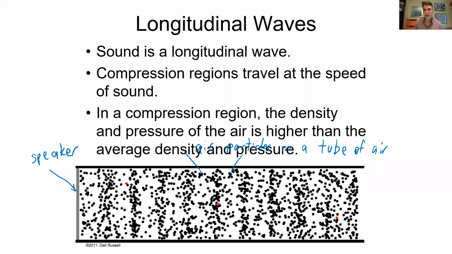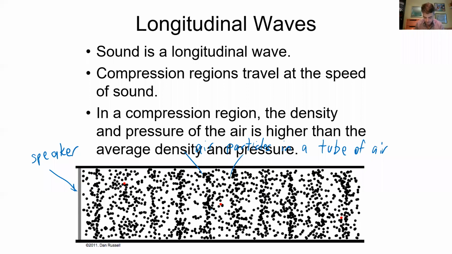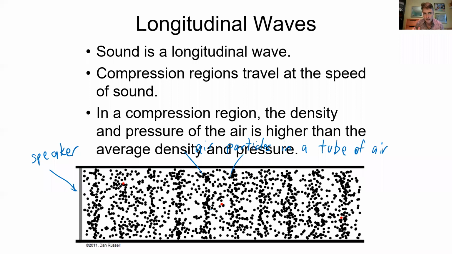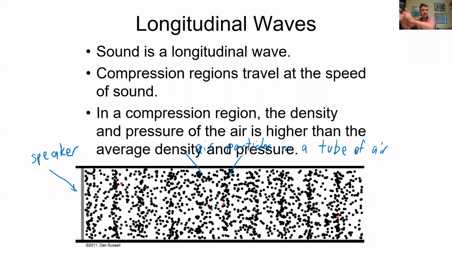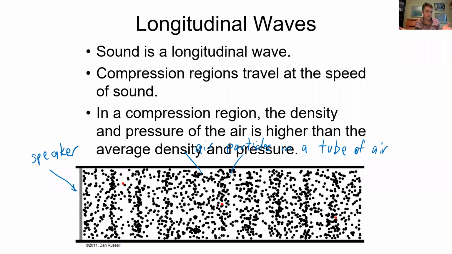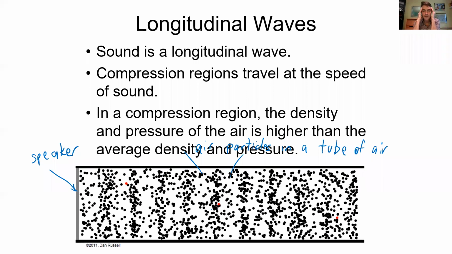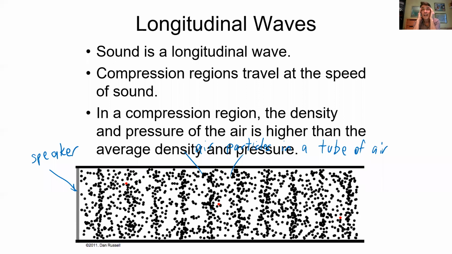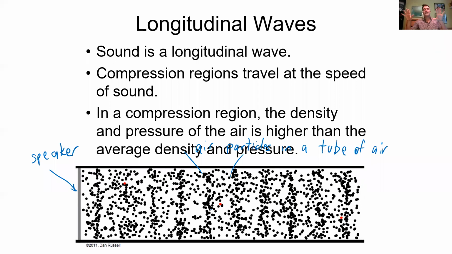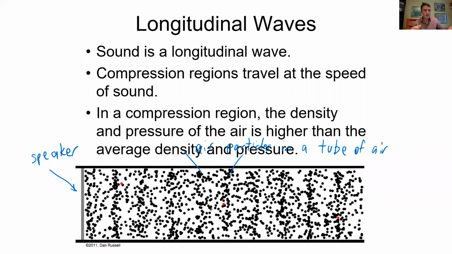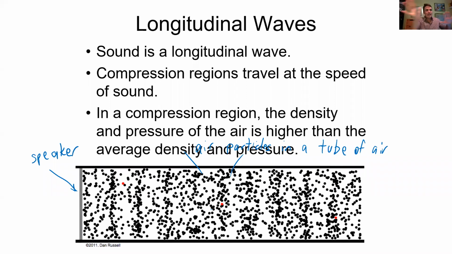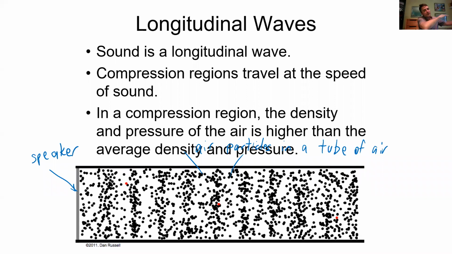This is an important property of waves in general: the wave travels long distances, but the particles themselves just vibrate back and forth. The way I try to remember this is I think of a field of wheat. Sometimes if the wind is blowing across a big field of wheat, you will see waves traveling along the field.